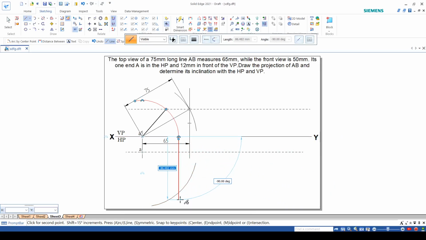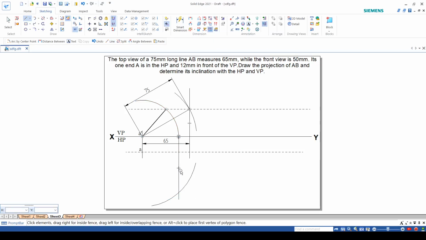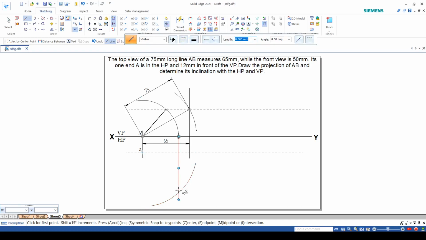At 90 degrees I got an intersection point. Now just do these plus signs. Now I have again got an intersection point. Just draw a perpendicular from both sides. Now I would draw the perpendicular which would give me the straight lines.